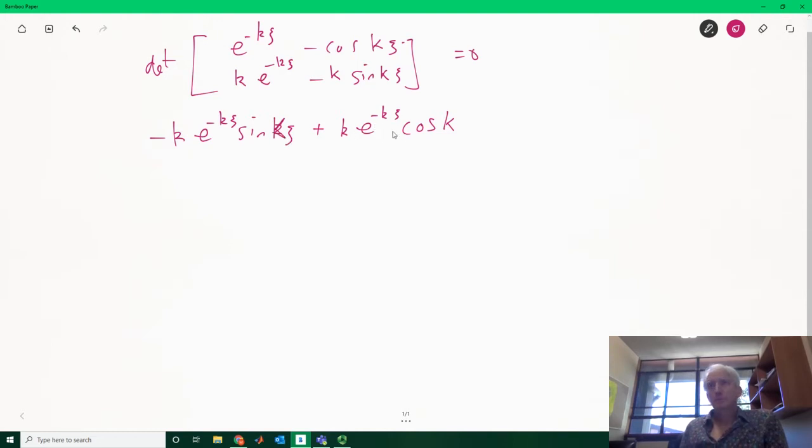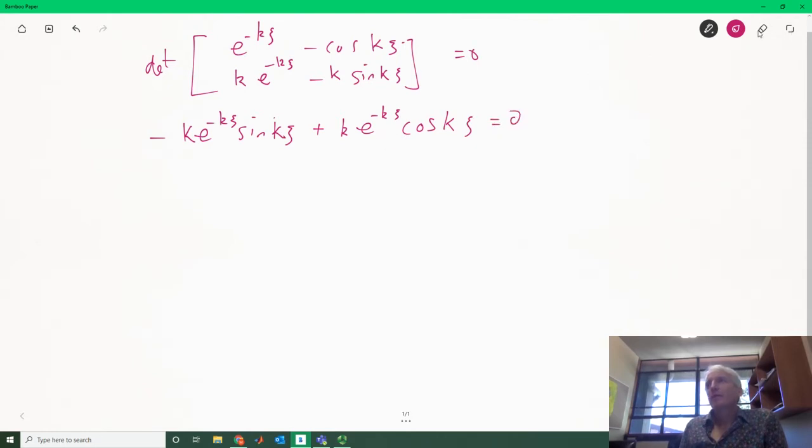Be very careful. I'm getting my k's and kappas muddled up, which causes all kinds of problems. That's a kappa, and that is a kappa as well. Kappa, kappa, and that's the derivative here. That's a k. Cos kappa zeta equals 0.